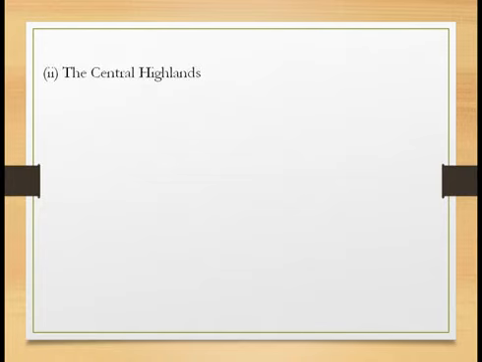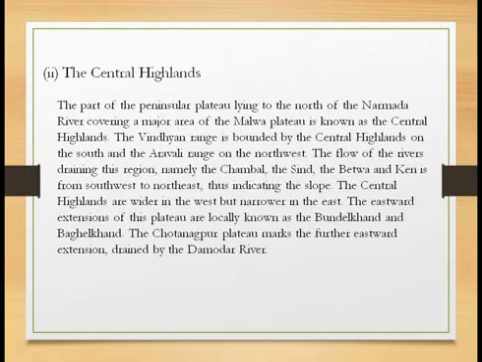Next, the Central Highlands. The part of the peninsular plateau lying to the north of the Narmada river, covering a major area of the Malwa plateau, is called the Central Highlands. When you look at the map on page number 10 of our geography textbook, you will clearly understand the Malwa Plateau, Bundelkhand, Baghelkhand, Chota Nagpur Plateau, Central Highlands and Deccan Plateau.